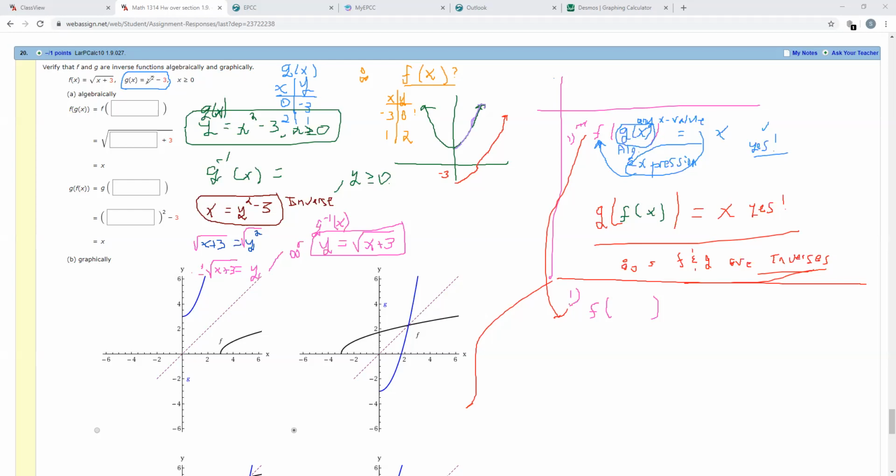Instead of putting something like g of 4, and then you'd put a 4 right here, 4 squared minus 3, and then compute, we're going to leave it as a general x. So we don't get to put the 4 right here, because we're not picking a specific value for x. We're saying for any x.